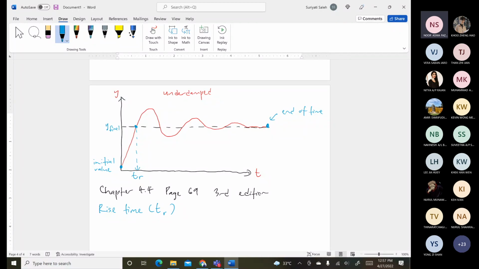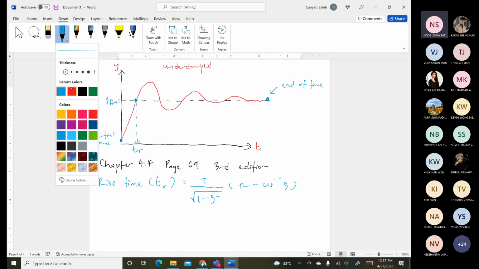We have the formula to calculate TR, where TR equals tau divided by the square root of 1 minus psi squared, in brackets, pi minus inverse cos psi. This is the formula to calculate the rise time, and you can refer to equation 4.60.